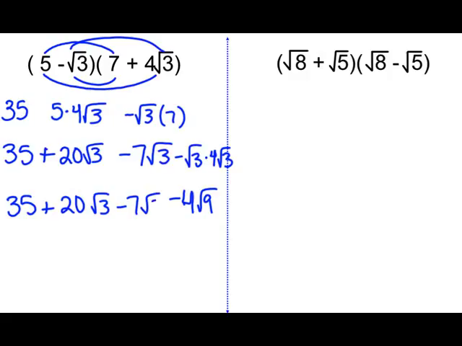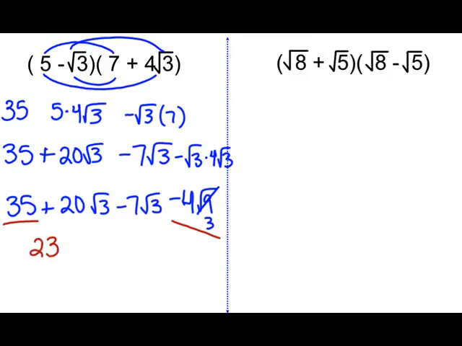We simplify anything we can. Well, there's an easy part over here. Square root of 9 is just 3, so that's really just 4 times 3, which is 12. So I have 35 minus basically 12, which is 23.